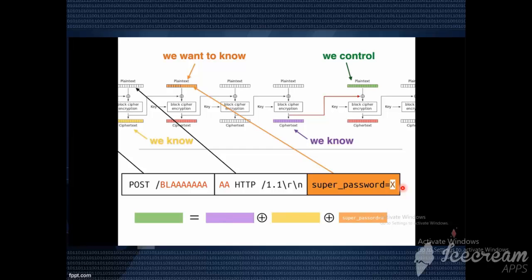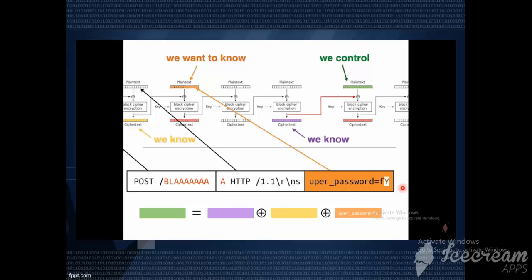After guessing the first character, I want to guess the second character of that cookie ID. For that, I'm going to delete one A from the message, and then you will end up with the second character of the cookie ID. So this is the way of doing the POODLE attack.